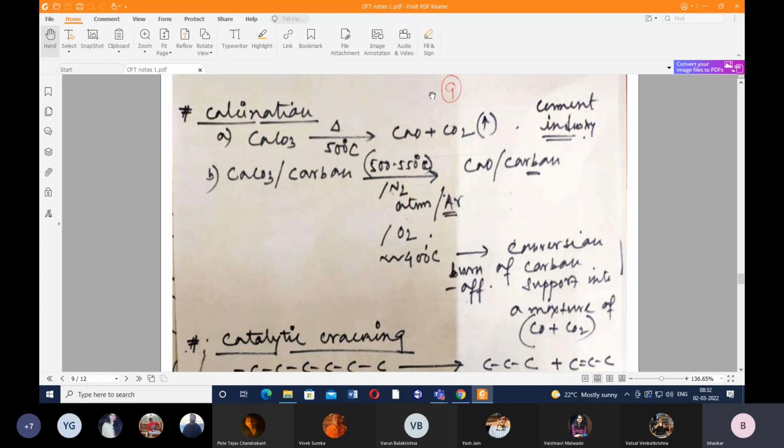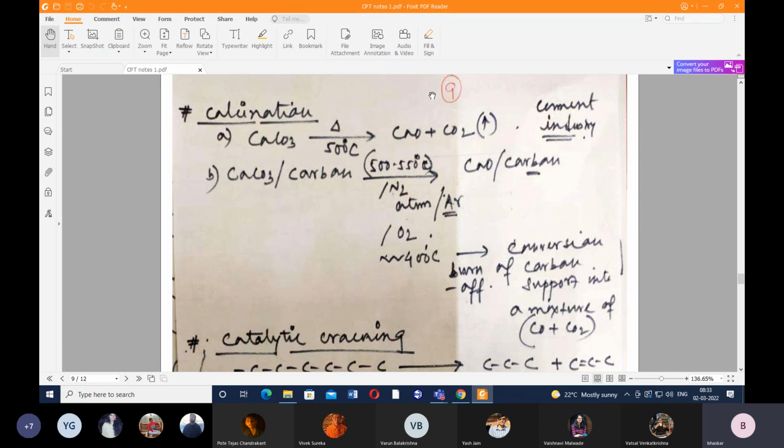But if it is complete combustion, then we'll get carbon monoxide plus carbon dioxide. Here the carbon monoxide percentage would be quite less. However, we will get mainly carbon dioxide. So in order to avoid that, we'll carry out the same reaction at a temperature of around 500 to 550 degrees Celsius.